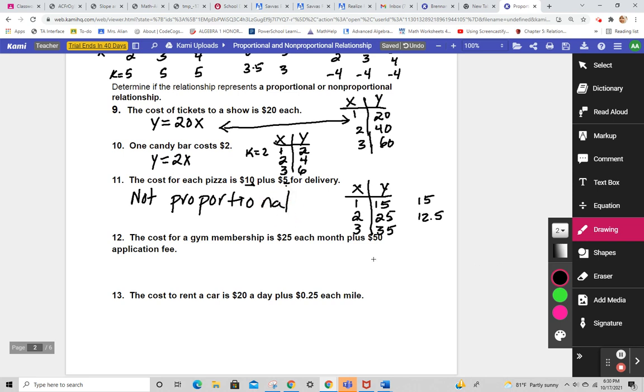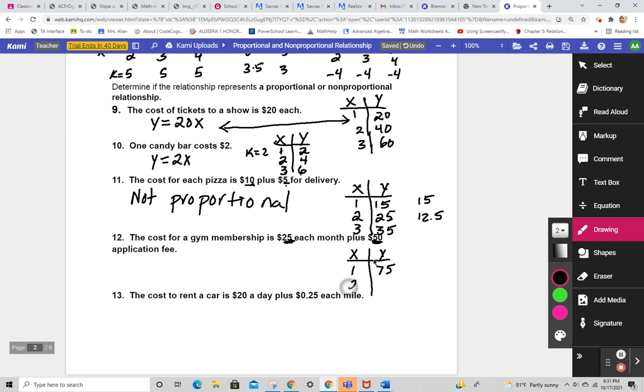All right, let's keep going. The cost for a gym membership is $25 each month plus $50 application fee. Let's use a table to help us. So this is the number of months. If we go 1 month, it's going to cost us $25 plus the $50 application fee, that's $75.